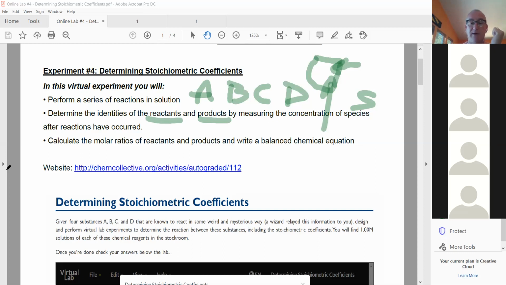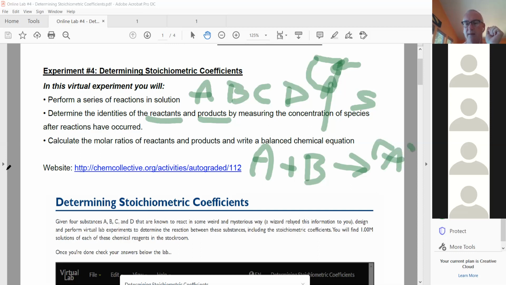So for instance, let's say we added the same amount of A and the same amount of B, and then we clicked on the beaker, and it basically said you have a certain concentration of A and a certain concentration of C, but there's no B left over. Then you'd have to say that probably more B is required for this reaction because it was all consumed.